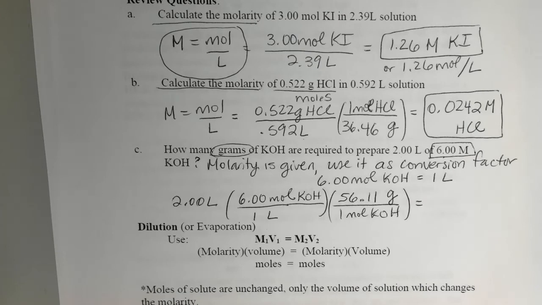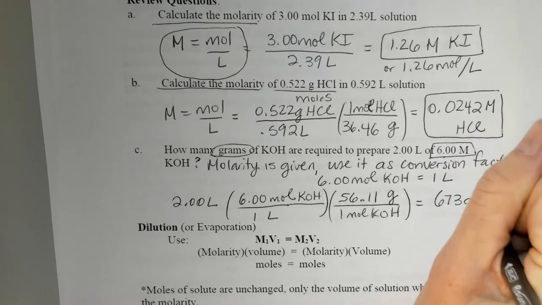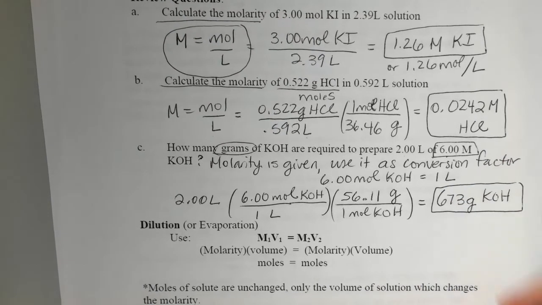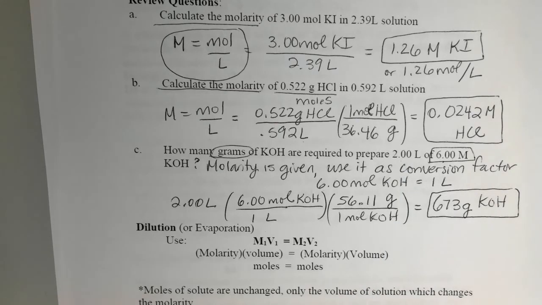So if I take that and multiply by my volume and my molarity and keep 3 significant figures, I get 673 grams of KOH. So the idea here is if I took 673 grams of KOH and I dissolved it in 2 liters of solution, my concentration at the end would be a 6 molar solution. Right?